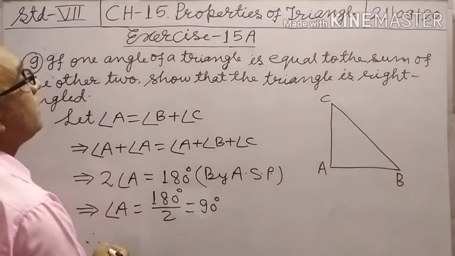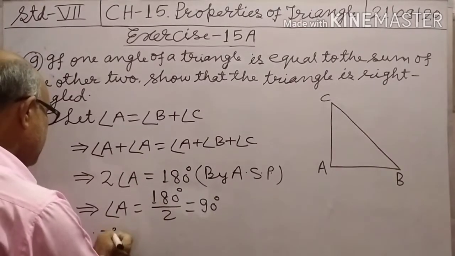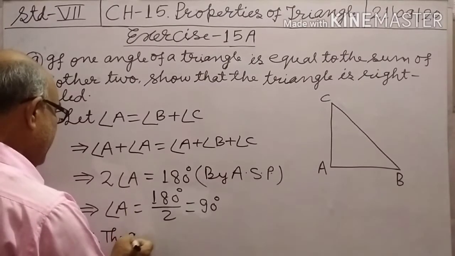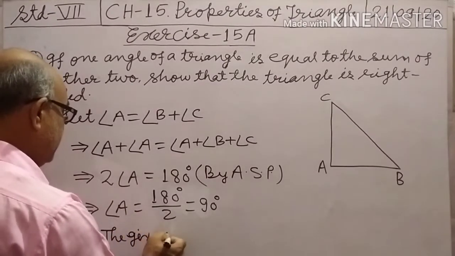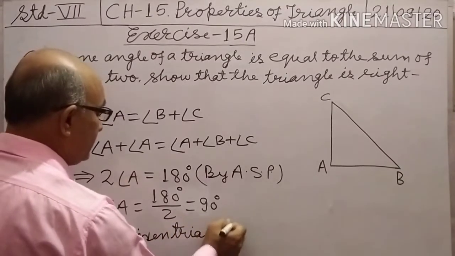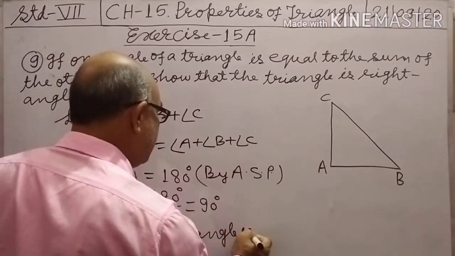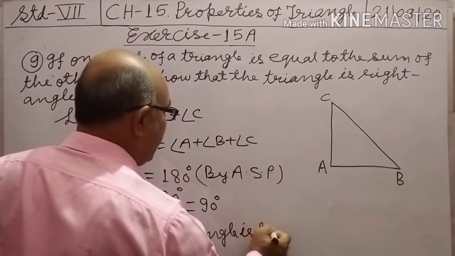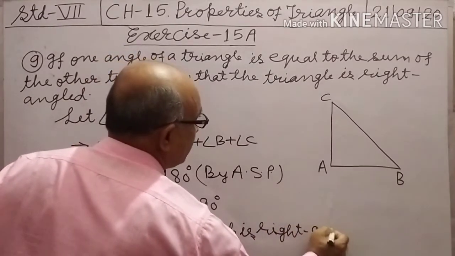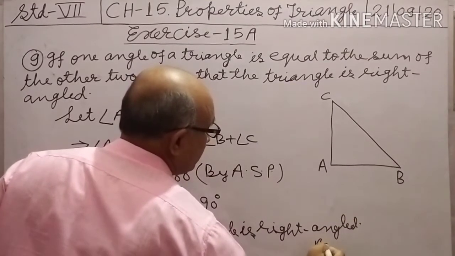Therefore the given triangle is right angle. Proved.